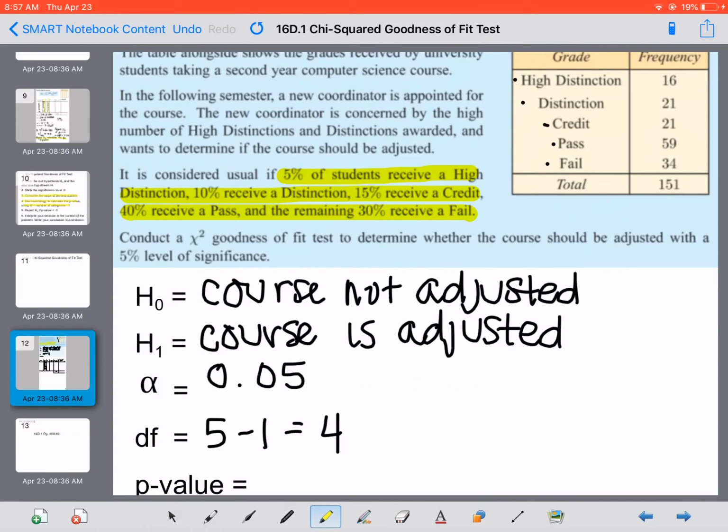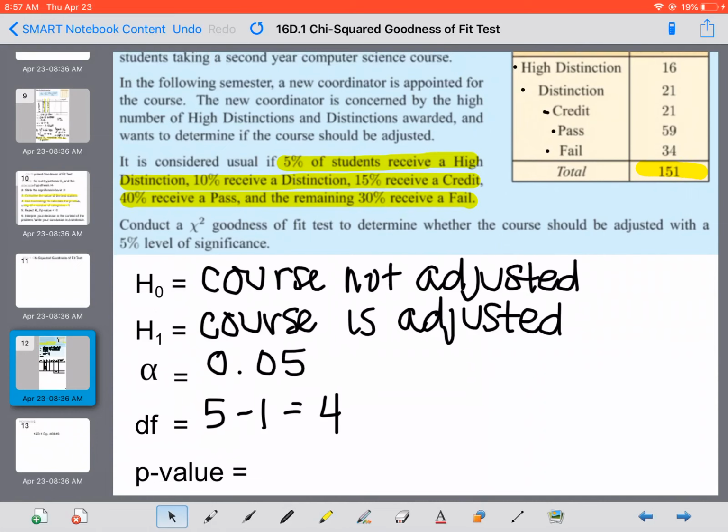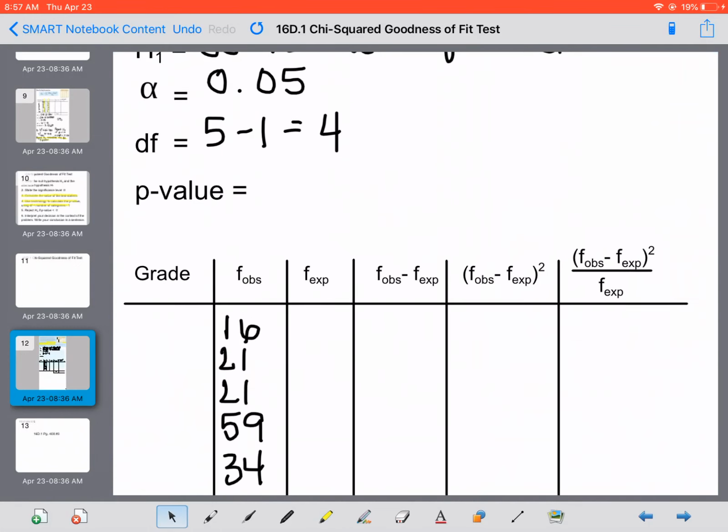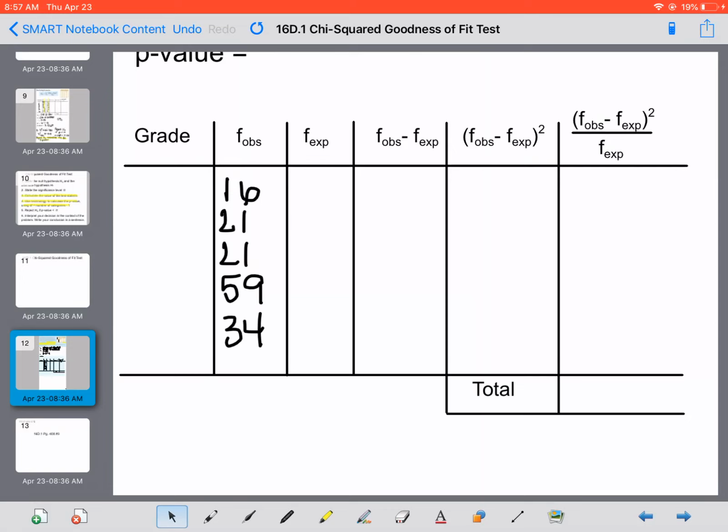So remember, our expected value is going to be your total, which in this case is 151, times that percentage. So for high distinction, I'm going to take my 151 and times it by 5%.